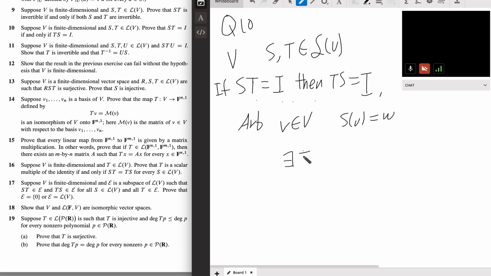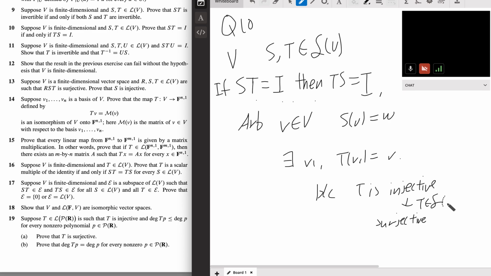There must exist v1 so that T of v1 is equal to v, because T is injective, which means it's surjective because T is inside the space of operators.